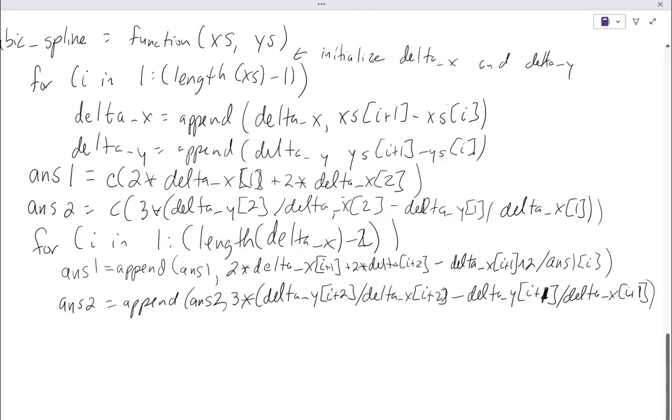And then I've got to subtract off the exact same multiplier we had here, correct? This is getting multiplied all the way across that row. So what we have right here is the same thing that's going to be here. So this will be delta sub x of I plus 1 squared, and then divided by answer 1 of I. It's the same multiplier all the way across.